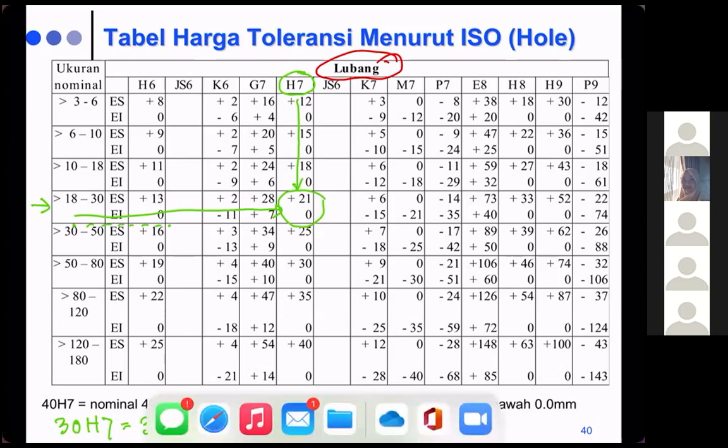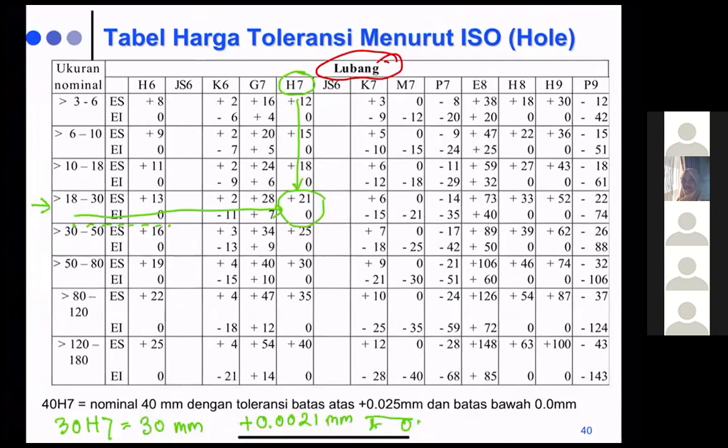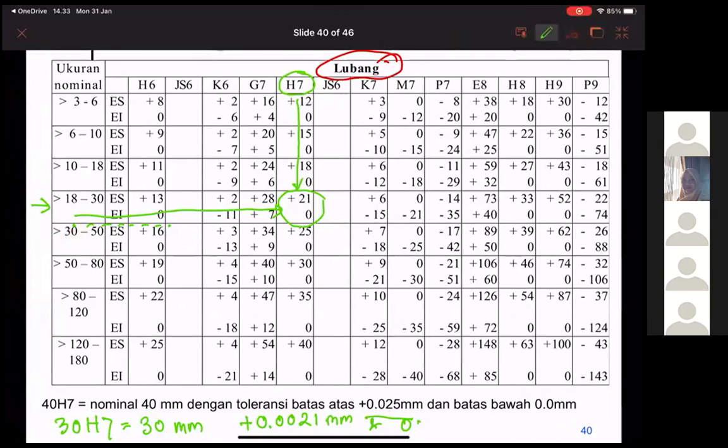The number of tolerance may change if we have a change of nominal of the specimen. If we have the nominal 40, which is between 30 and 50, then we have to change it, so we're going to use this line. Then we get the tolerance there.